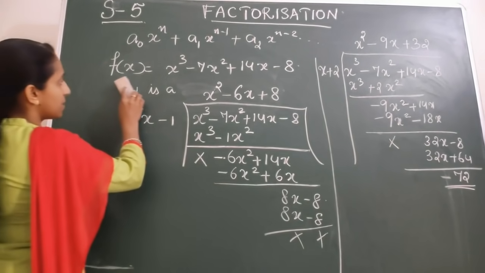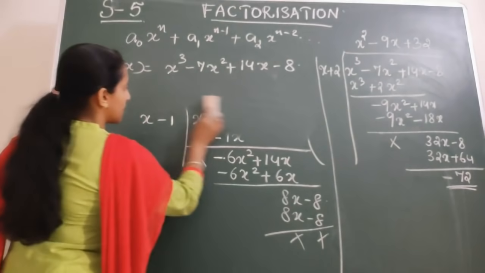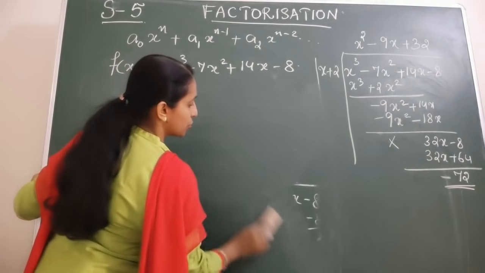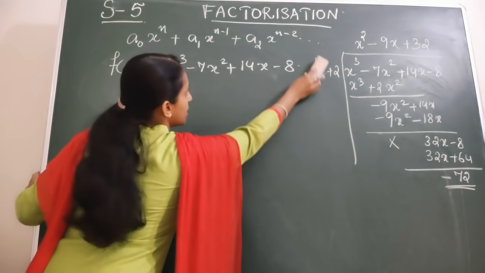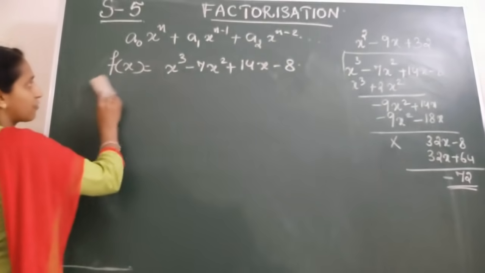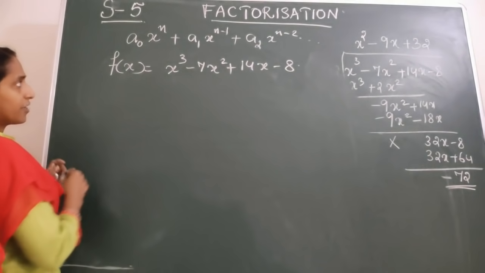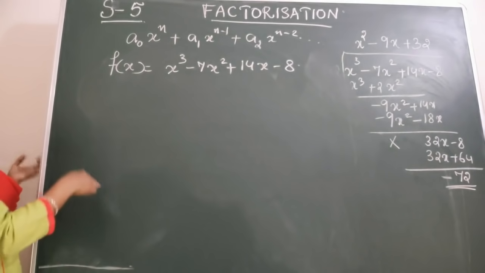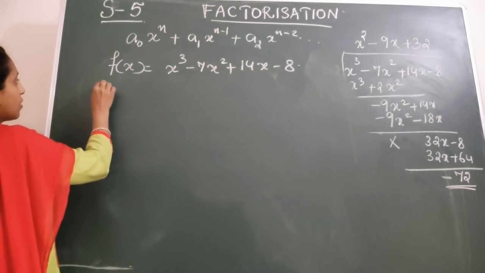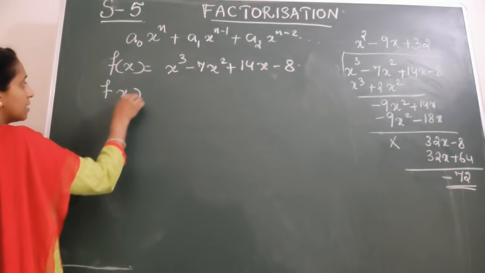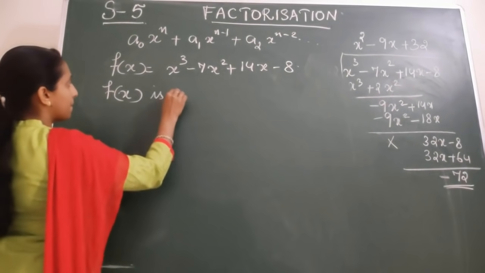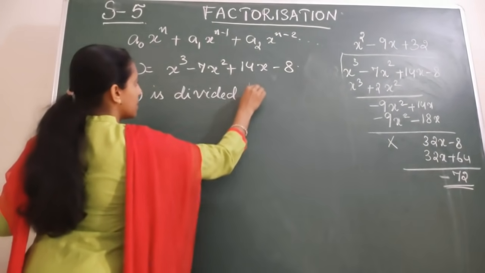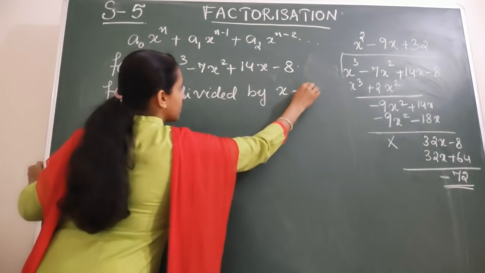The first theorem is the factor theorem of the polynomial. As I have told you, these polynomials are denoted by the general terms f of x, g of x, q of x, p of x, etc. So, if a polynomial f of x is divided by x minus a, did you understand?